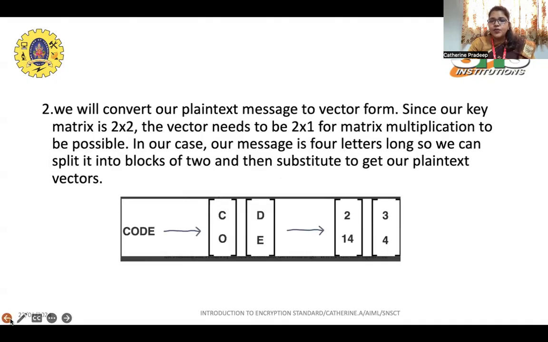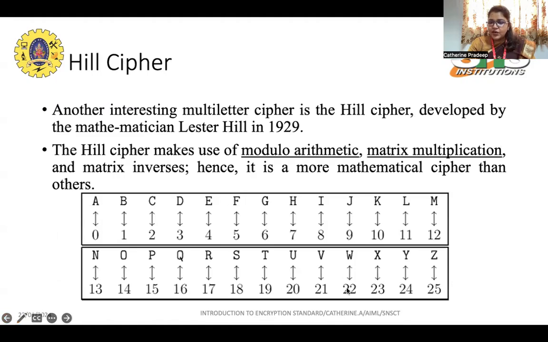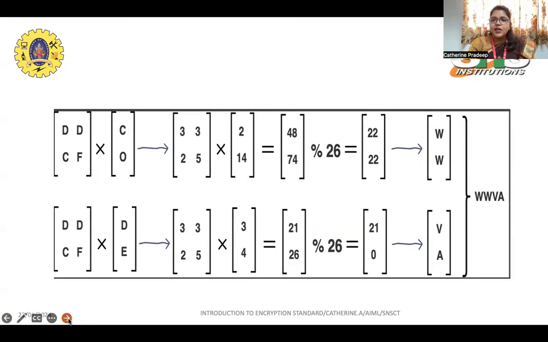So you go back to that table. Instead of 22, what is written? W. So you replace it with W and W. The same thing applies to D and E. You take the key matrix, convert it into a numerical matrix, take the plain text, convert it into a numerical matrix, and then do the matrix multiplication, rows into columns plus rows into columns.